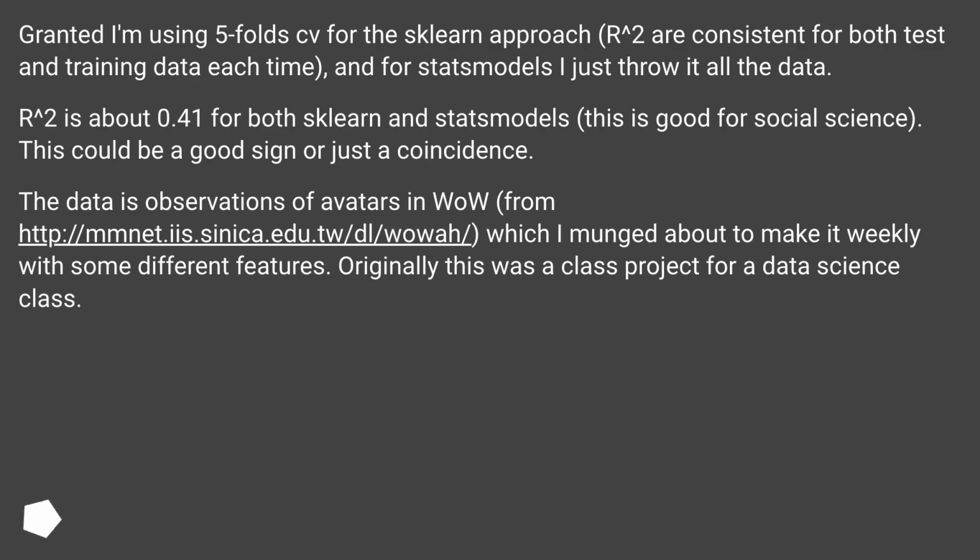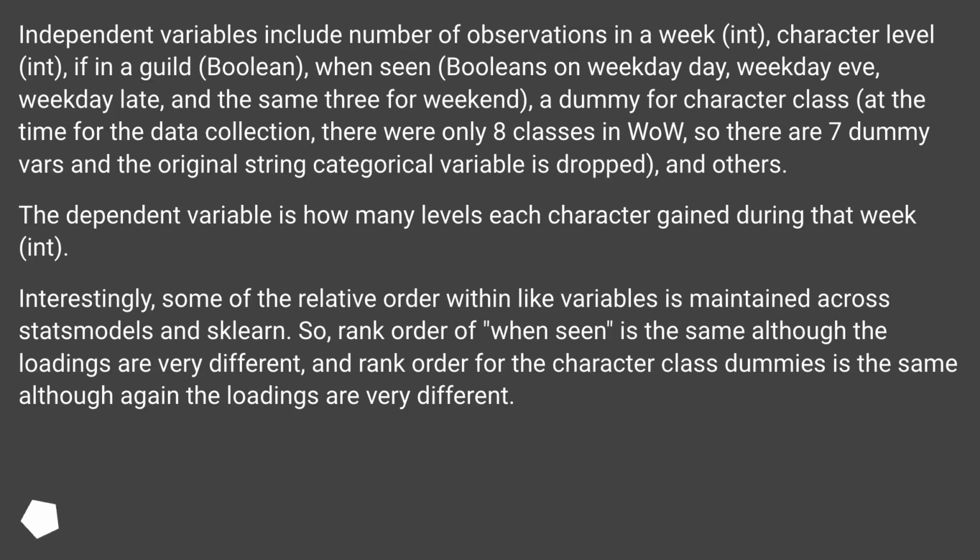The data is observations of avatars in WoW, from this URL, which I'm about to make weekly with some different features. Originally this was a class project for a data science class. Independent variables include number of observations in a week, int, character level, int, if in a guild, boolean, when seen, booleans on weekday day, weekday eve, weekday late, and the same 3 for weekend, a dummy for character class.